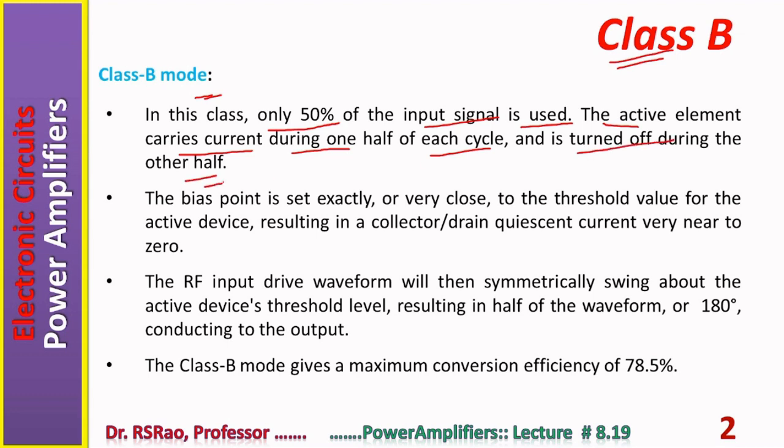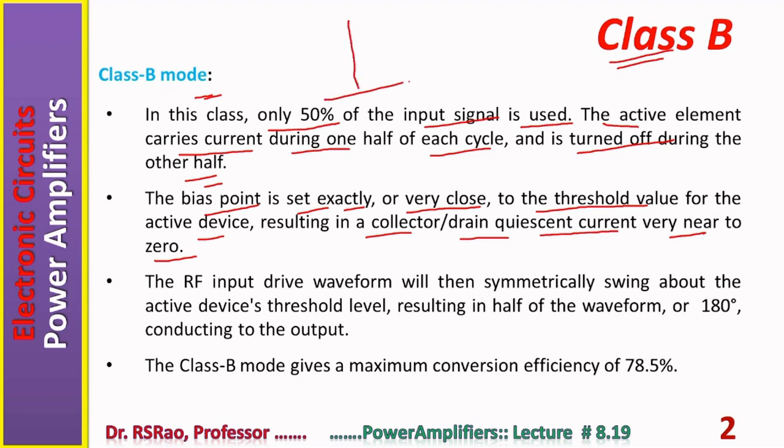This point is not only introductory point but also a point describing the functionality of class B amplifier, working of class B amplifier. The bias point is set exactly or very close to the threshold value for the active device, resulting in a collector or drain operating current, quiescent current very near to zero.